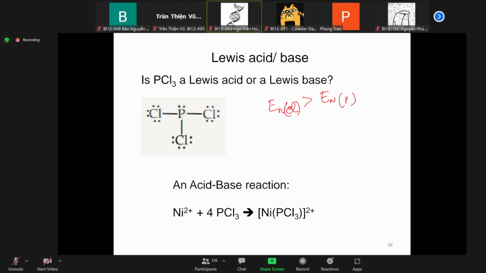So now, can you do a practice? Can you draw out the Lewis structure of NO2?